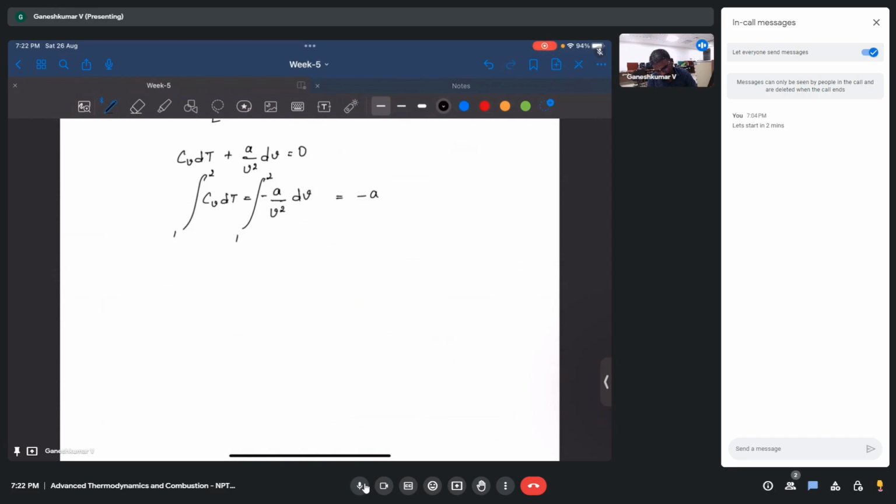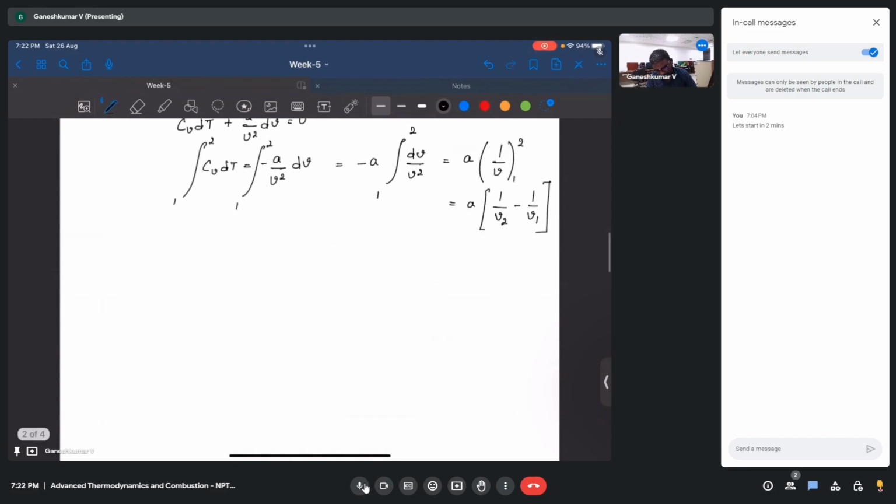So minus A integral of 1 to 2 dV by V square. So 1 by V square is going to become V to the power minus 2 plus 1 divided by minus 2 plus 1. So minus into minus will be plus, into 1 divided by V from 1 to 2. So this can be written as A times 1 divided by V2 minus 1 by V1.